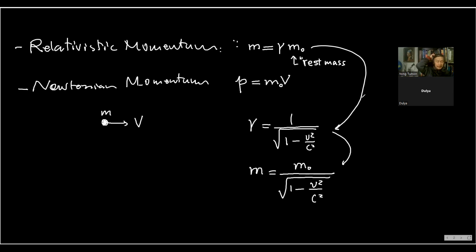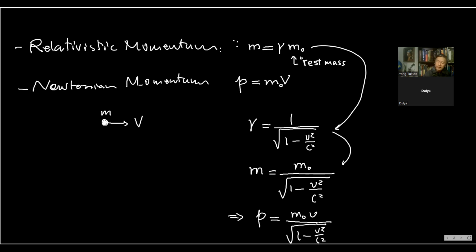So from here you can see the formula for the momentum is different. Can you see that? In other words, in the relativistic formula for the momentum, you can conclude that the momentum in relativistic form can be written as m0 v divided by the square root of 1 take v squared over c squared.